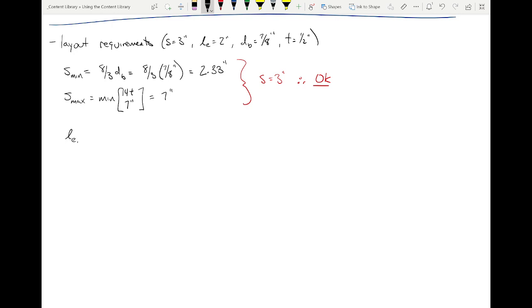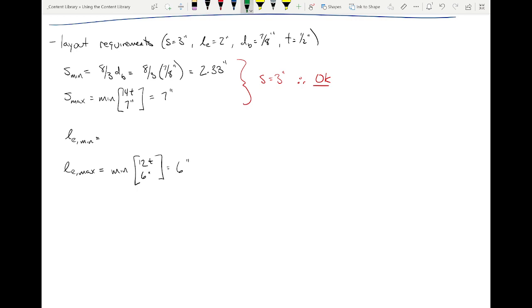Now, we have LE min and LE max. The max is computed as the minimum of 12T, or 6 inches. But again, that one's going to be pretty easy because that's just going to be 6 inches. The minimum, however, is a lookup. If I have a 7/8 inch diameter bolt, what is the minimum bolt spacing, or minimum edge distance spacing?